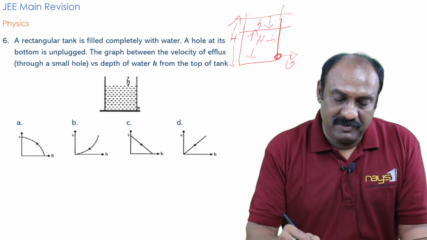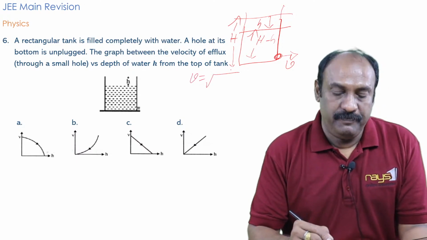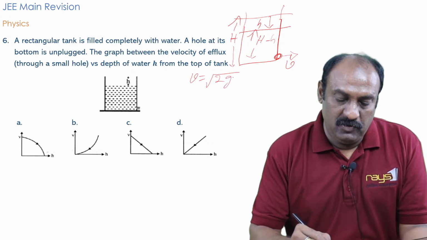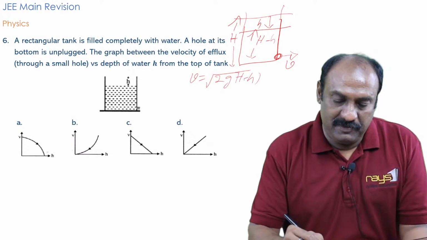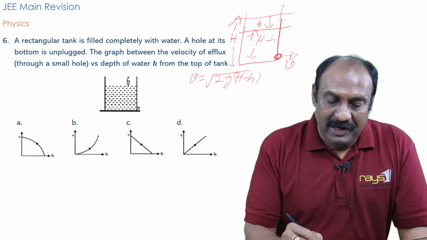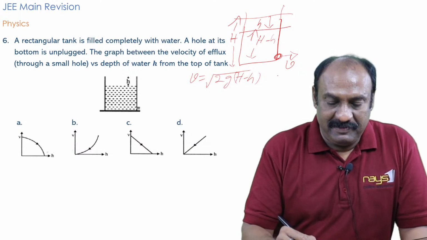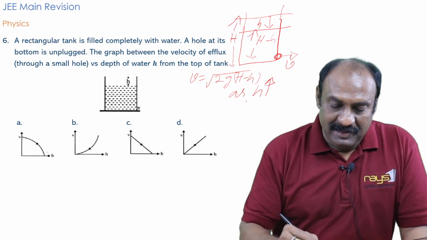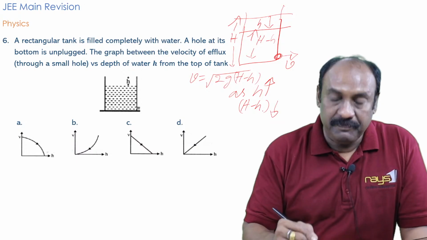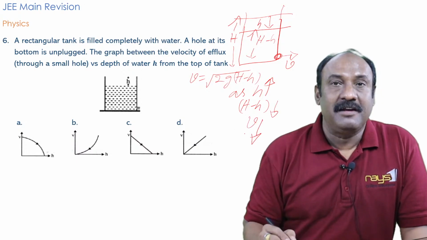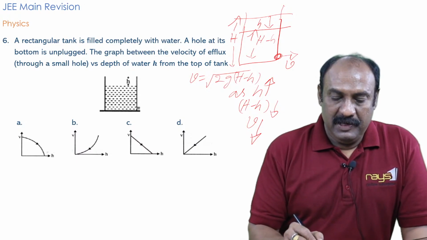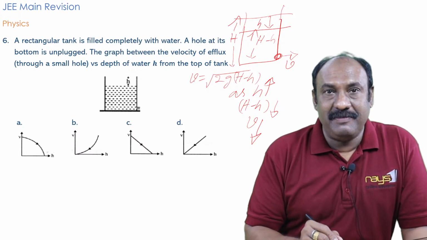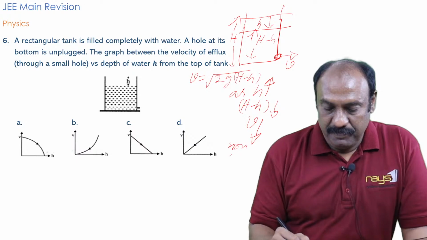So velocity of efflux v equals root of 2g into, in place of height, H minus h. As water leaks out continuously, h increases. So h increasing means H minus h decreases. Due to that, velocity of efflux decreases non-linearly.